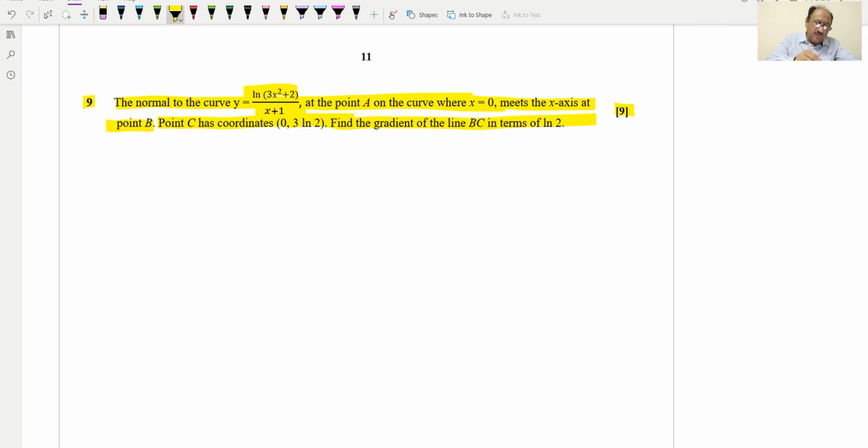So first of all we can find the gradient of this curve.